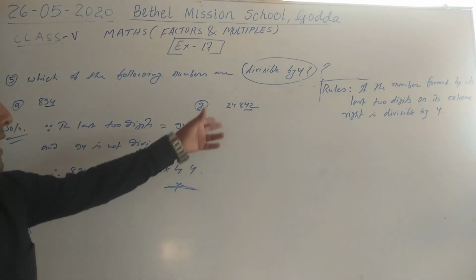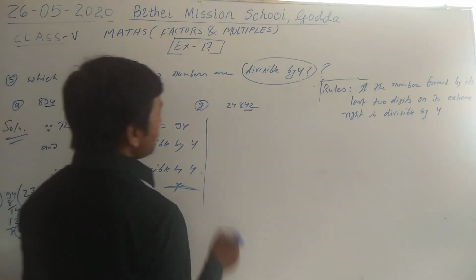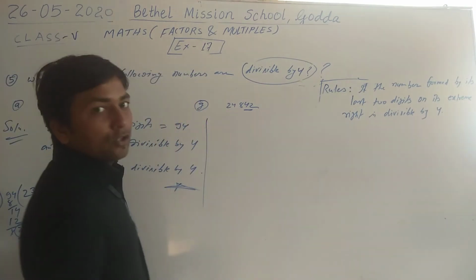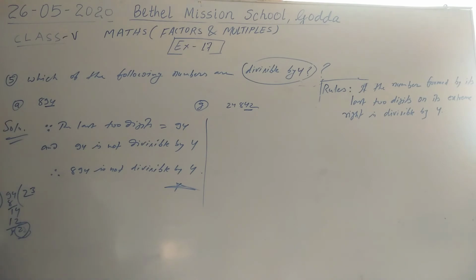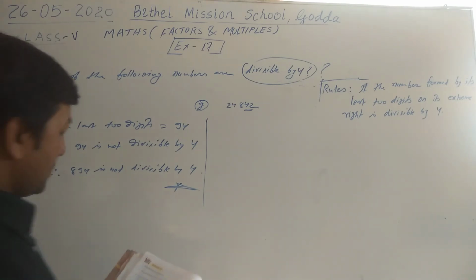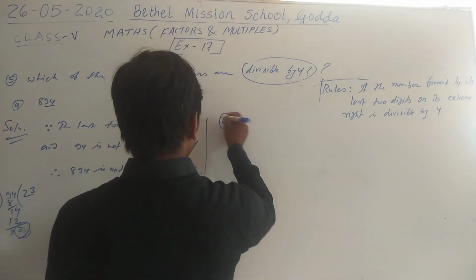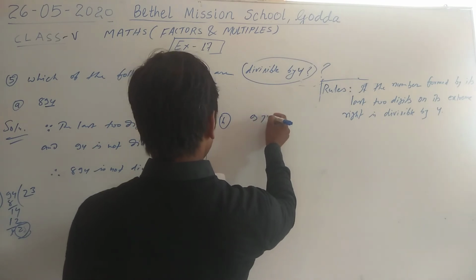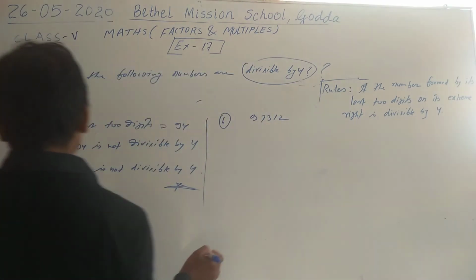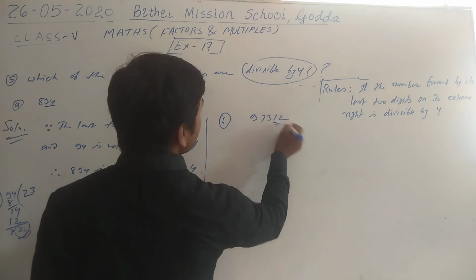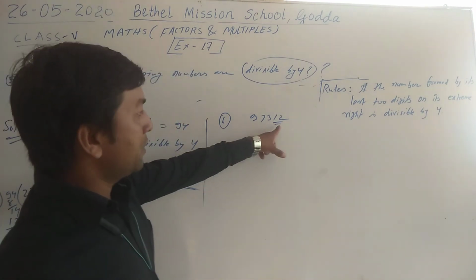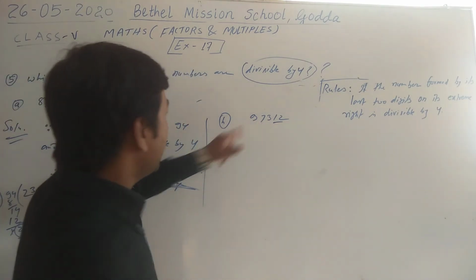Now we check the next number. Also 42 is not divisible by 4, so this number also will not be divisible by 4. I take one more example which could be divisible by 4, that is the next number. Here the last two digits are 12.